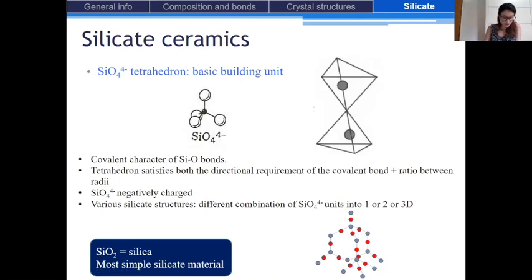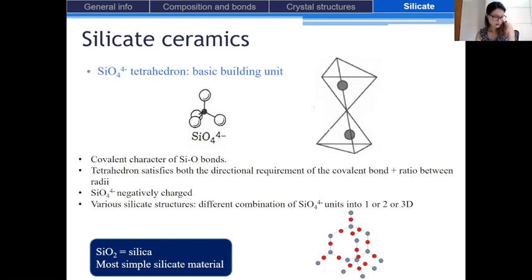It is a 3-dimensional network that is generated when every corner oxygen atom is shared by adjacent tetrahedra. As you can see, this oxygen atom that is part of this tetrahedron is also shared with this tetrahedron. In that case, you have a material that is electrically neutral, due to the fact that these oxygen atoms are shared by 2 tetrahedrons.